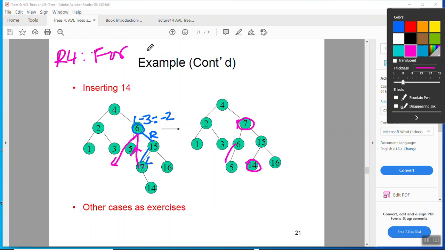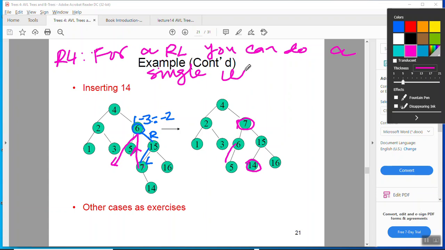For rule 4, the technique for a right left, you can do a single up and left rotation.